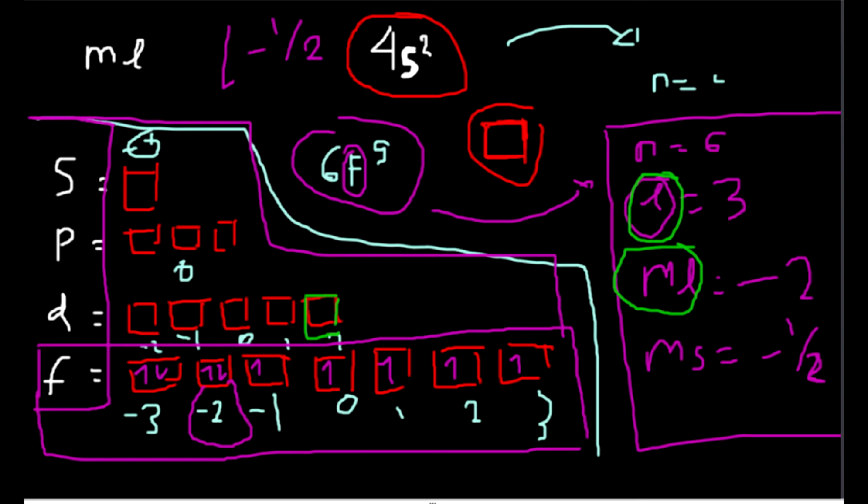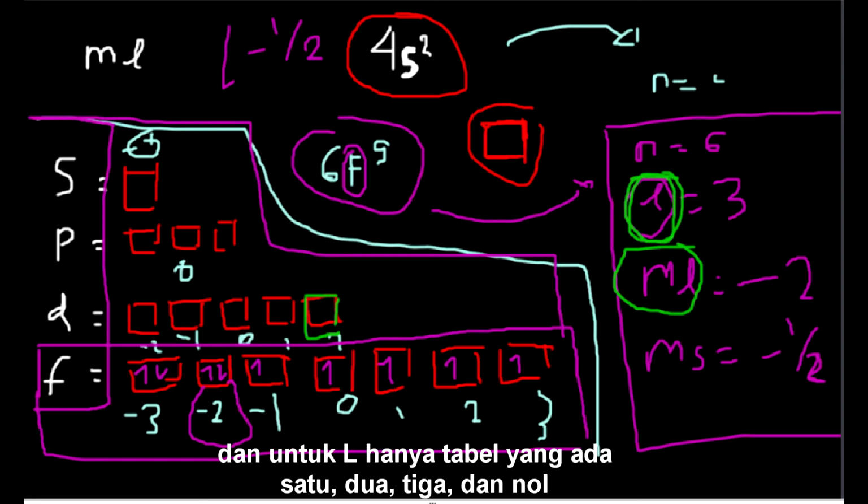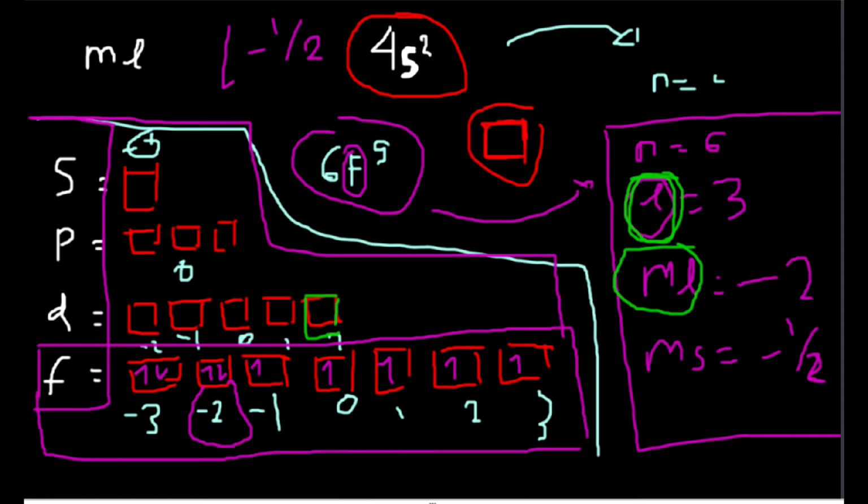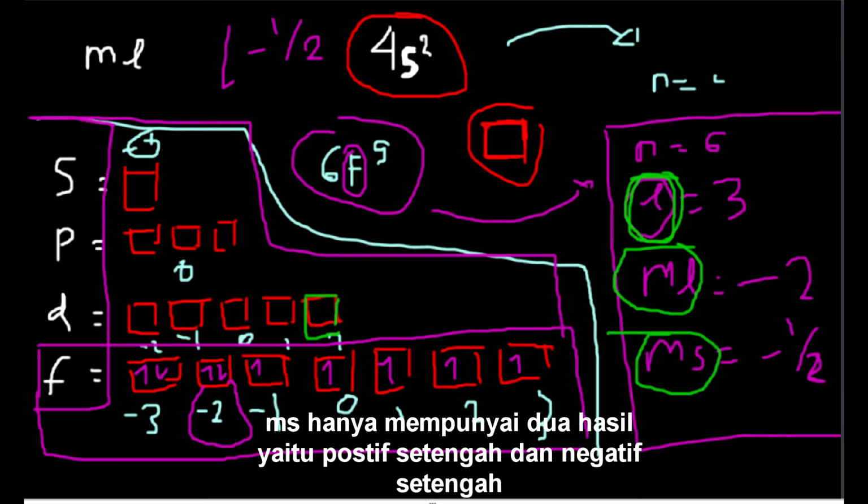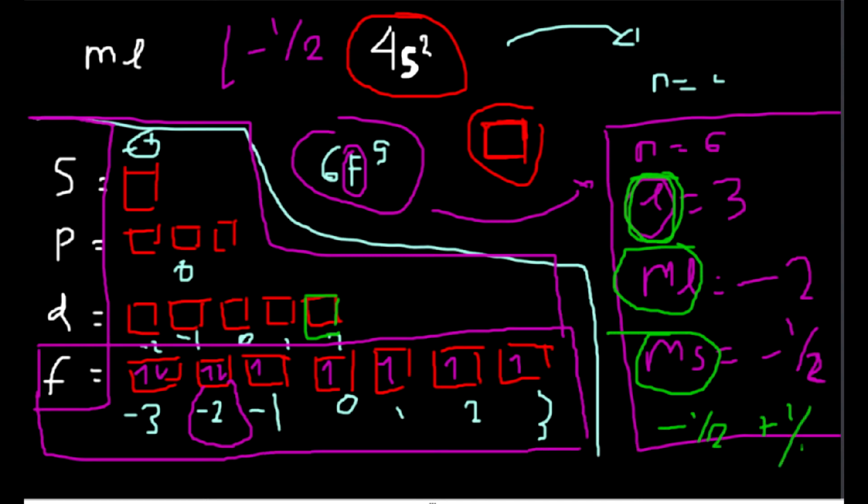Remember that ML is the boxes, and L is actually just from the table that says 0, 1, 2, 3. So that's it. And MS only has 2 values, negative and positive half. It really depends on the electron going in, right?